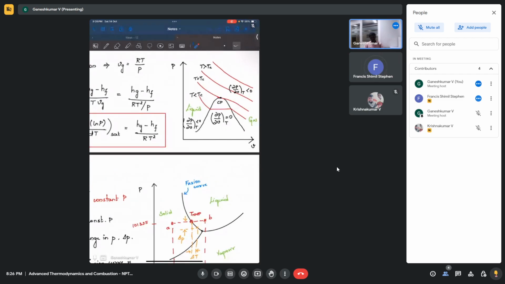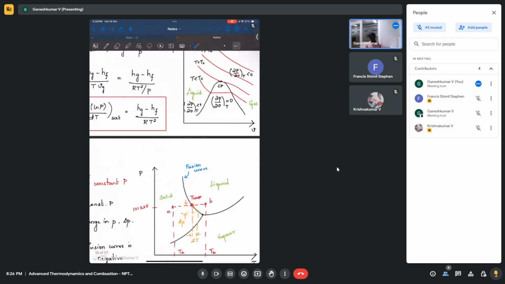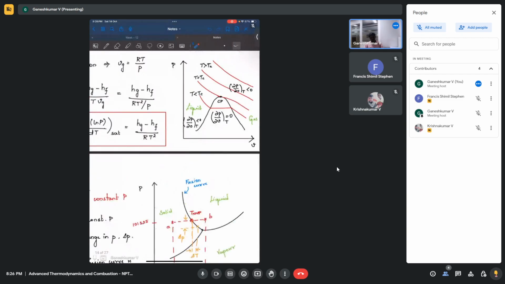Let's see. These are all constant temperature lines. And you are trying to do it here. So inside the dome, what happens? The temperature is going to remain the same, right?